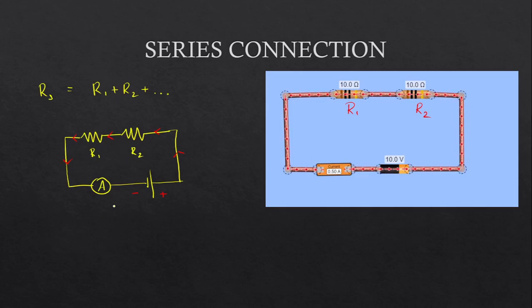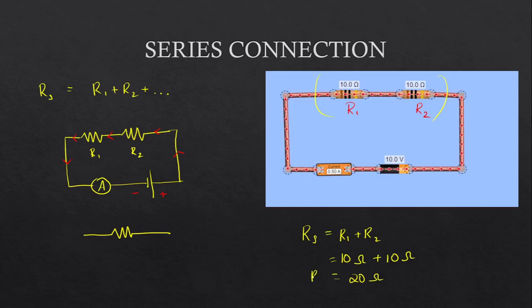If I want to reduce this circuit to contain only one resistor, I have to find the total resistance offered by both of these together. The total resistance for resistors connected in series is R1 plus R2. Here the resistance of this resistor is 10 ohm. The resistance of the second resistor is also 10 ohm. The total resistance will be 20 ohms.